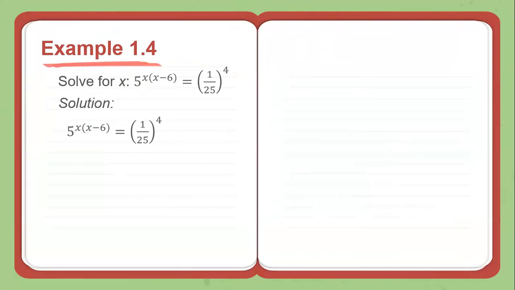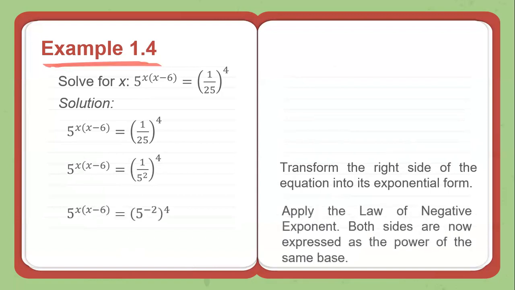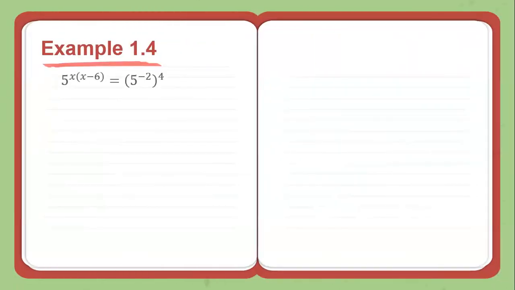So we know that 1 over 25 can be expressed as 1 over 5 squared, right? But to move 5 squared to the numerator, we have to apply the law of negative exponent. So we have 5 raised to x times x minus 6 is equal to 5 raised to negative 2 raised to 4.